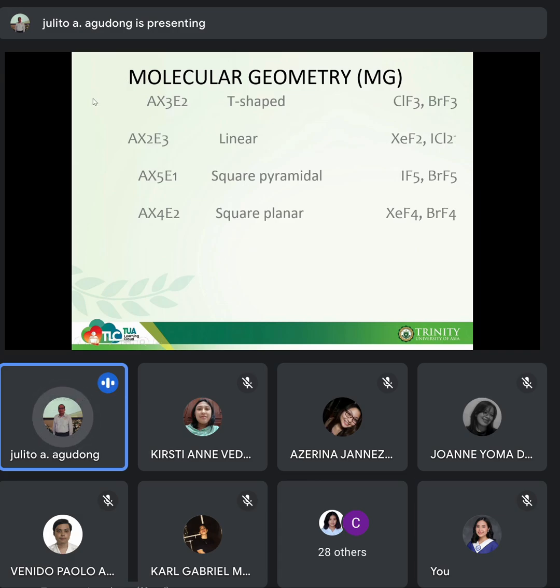This molecular geometry has 2 lone pairs, and necessarily the 2 non-bonding pairs must be located at the axial position. So you get a T shape. Or it could be 2 in the equatorial position.